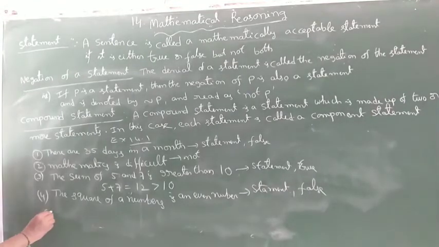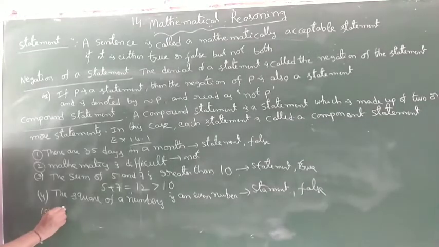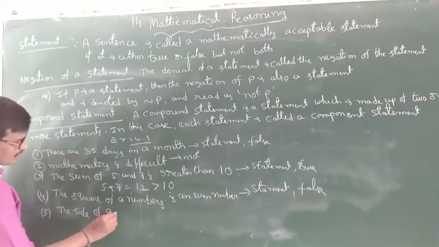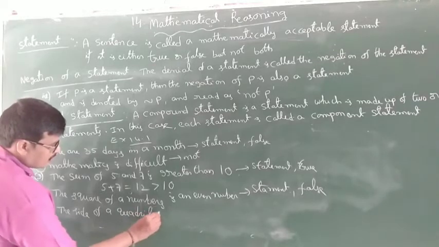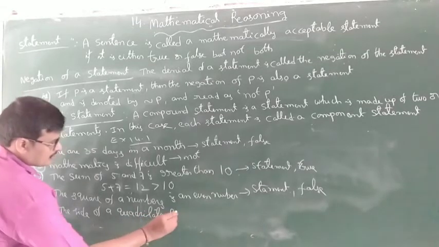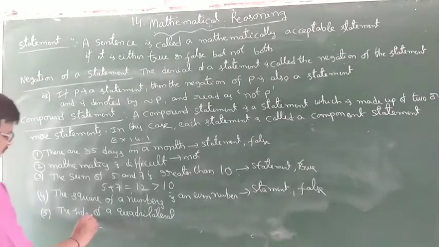Next, the fifth one: The sides of a quadrilateral have equal length.